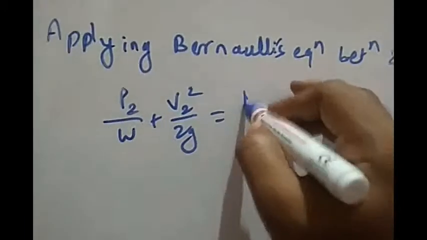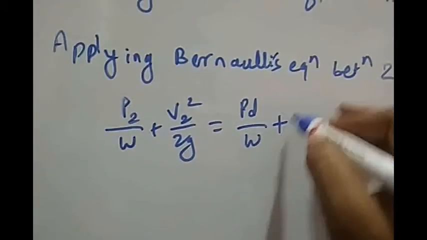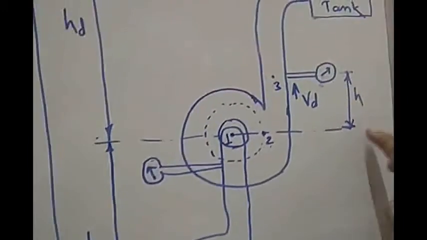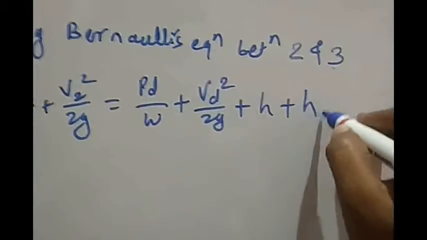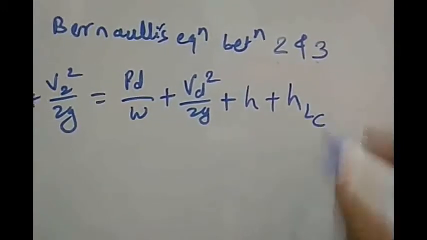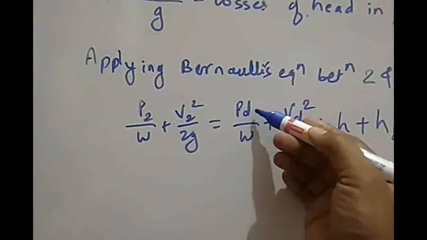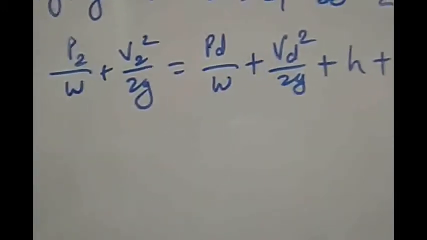2g, which is equal to Pd by w plus Vd square by 2g plus the vertical height between point 2 and point 3, that is h, plus, as the fluid is flowing through the casing, there are some losses, and those losses I am writing as HLC. Here Pd is the pressure in the delivery pipe, and Vd is the velocity of discharge, or the velocity of flow in the delivery pipe.